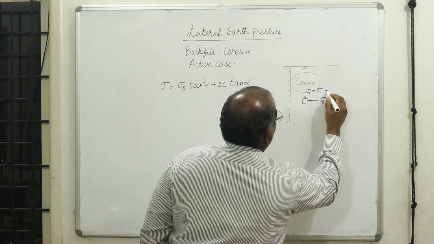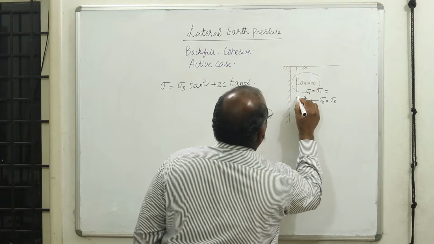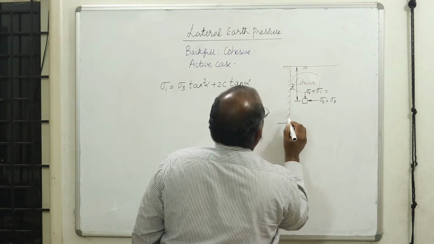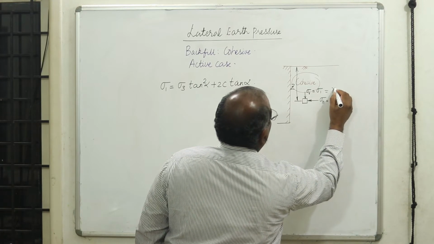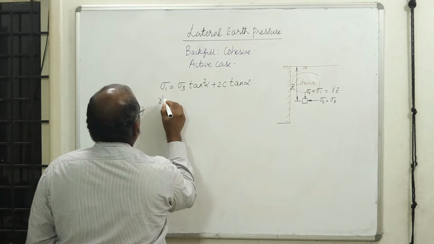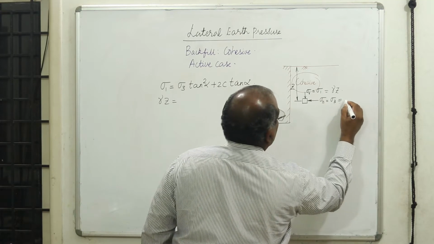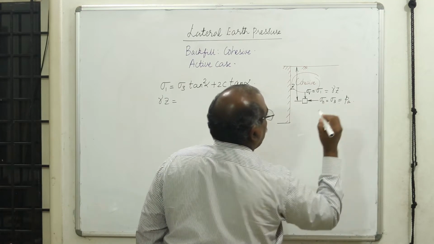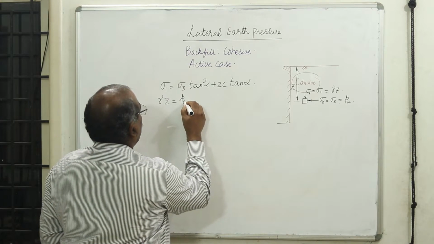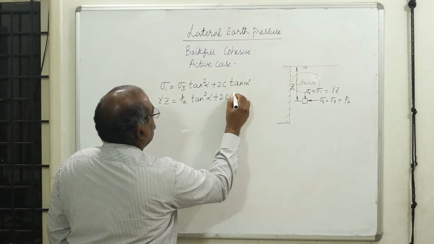If this is the height z, then this is equal to gamma into z. Therefore, gamma z is equal to sigma 3, which is the intensity of active earth pressure PA, into tan square alpha plus 2c tan alpha.